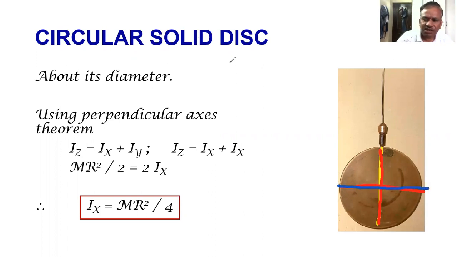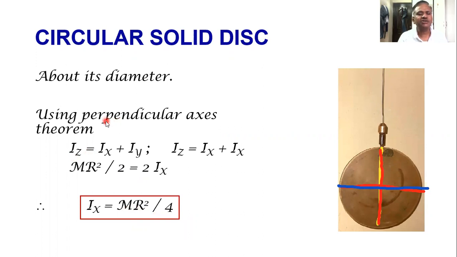What is this value? About its diameter, it is half of whatever value you get for the center of gravity, that means M_r square by 4. In the previous case you are getting M_r square by 2, half of it, that means M_r square by 4. How is it?